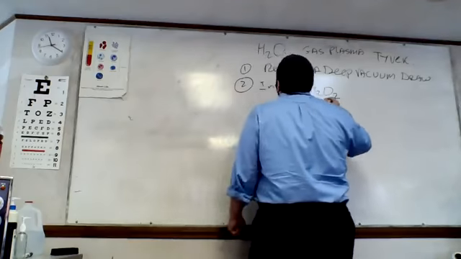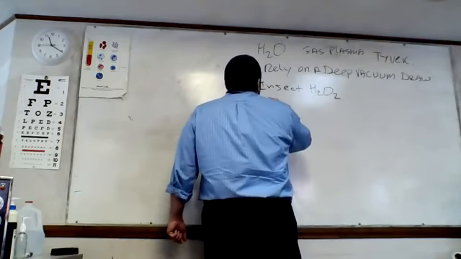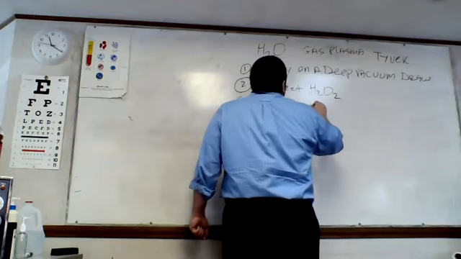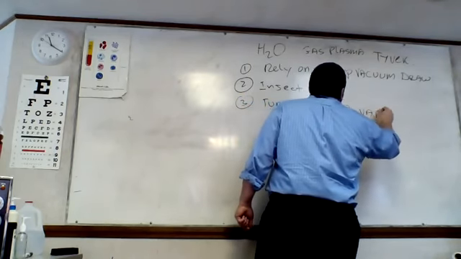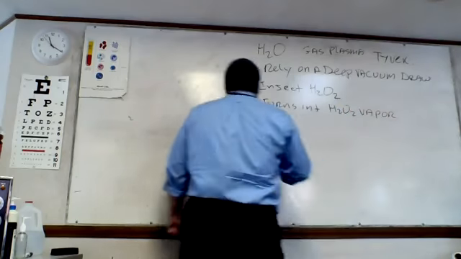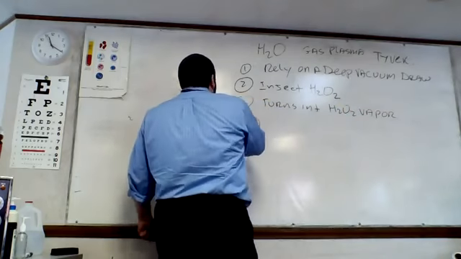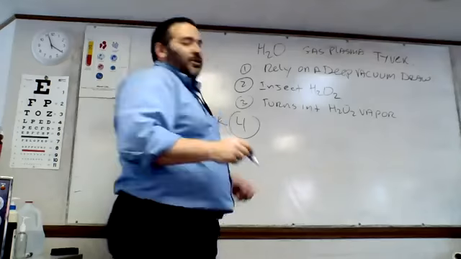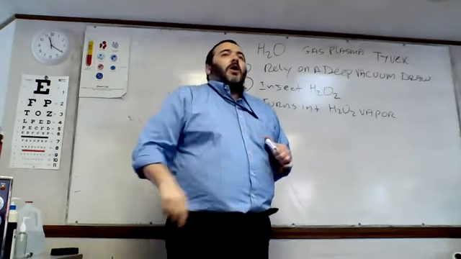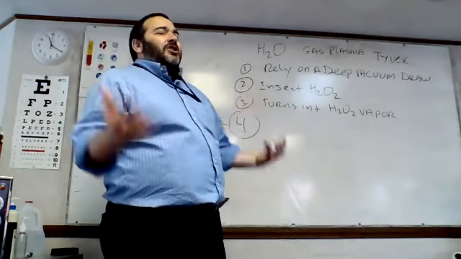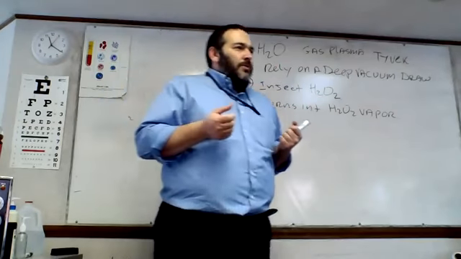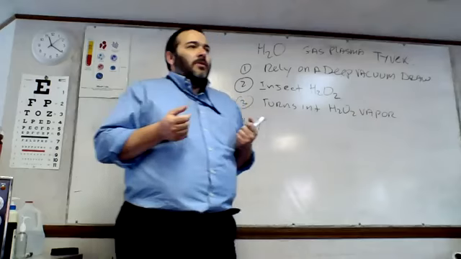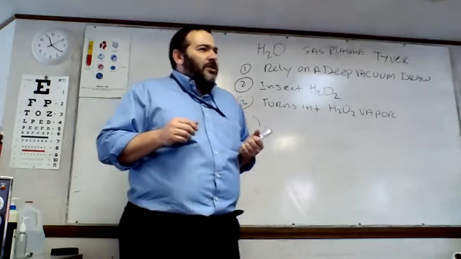Inject H2O2, it turns into H2O2 vapor. Now comes the important step. I'll put a little star next to it, a little bigger circle for you to understand. Once the packages absorb H2O2, it permeates all the packages.